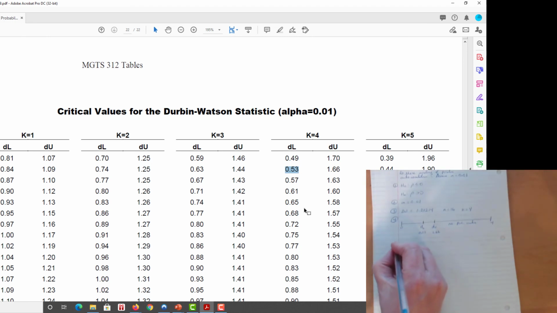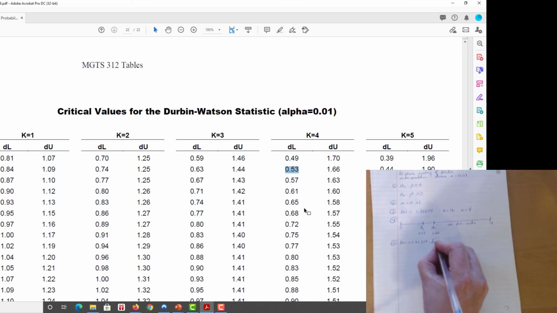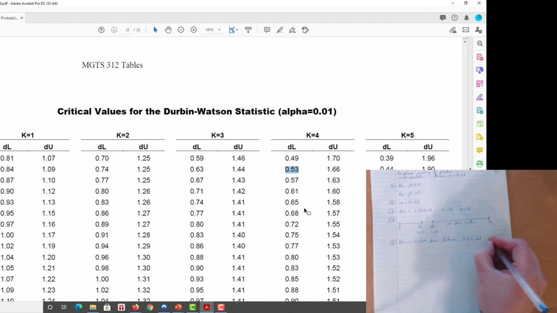All right, so what does this mean? Where does our Durbin-Watson statistic lie? Well, our Durbin-Watson statistic, which is equal to 1.21214, lies, oh boy, okay, between 0.53 and 1.66.